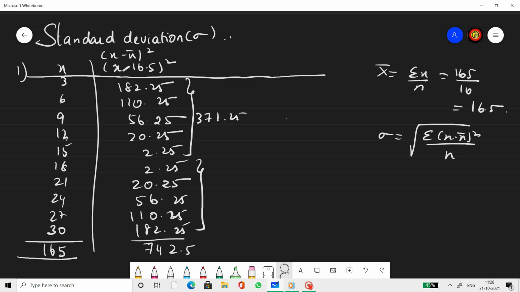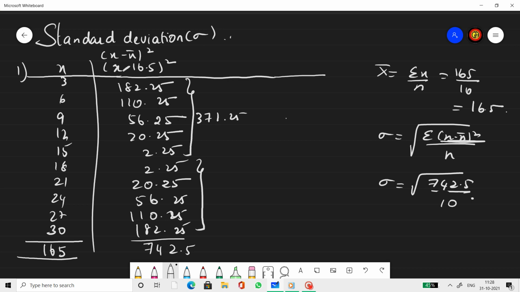So to find standard deviation, the formula is root over sigma x minus x bar the whole square by n. So standard deviation is equal to root over 742.5 by, not 165, I'm sorry, the number of observations. The number of observations is 10 here.